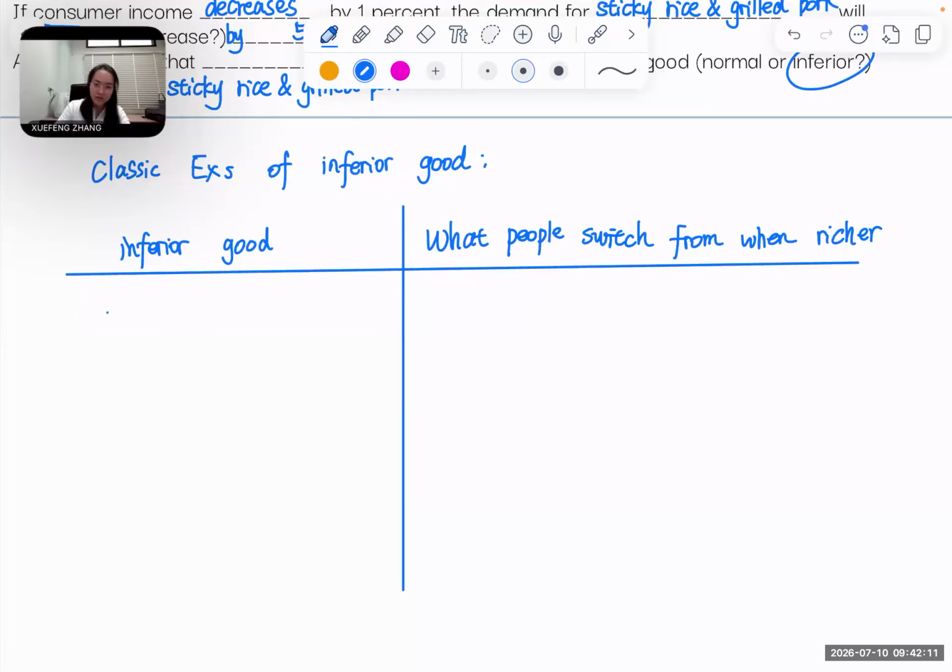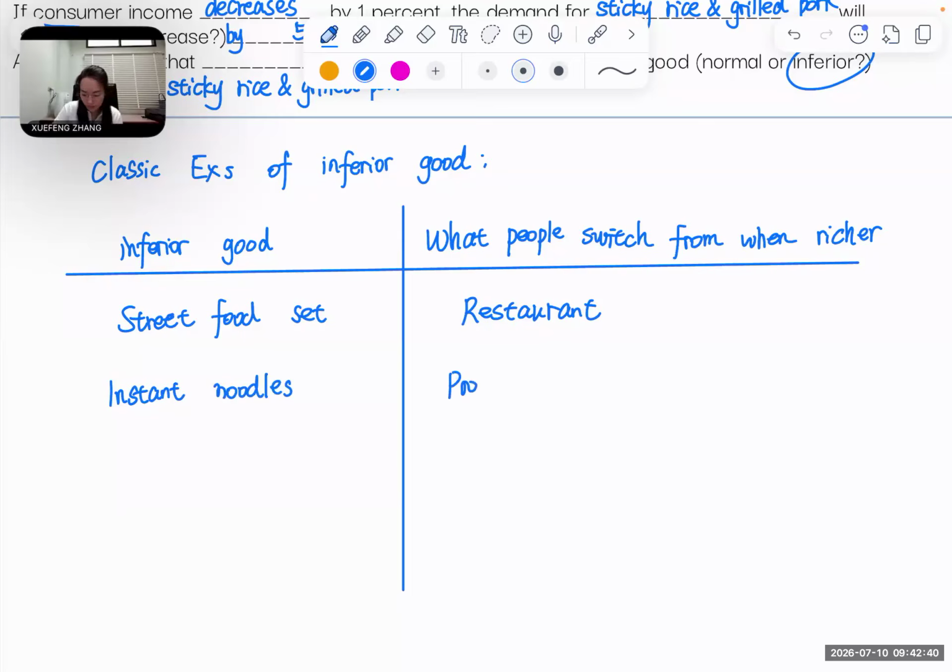How about the street food set versus a restaurant? And then the instant noodle versus the proper meals. Next one, maybe the public bus or minivan versus their own car.